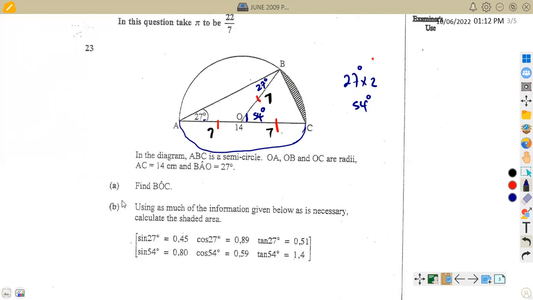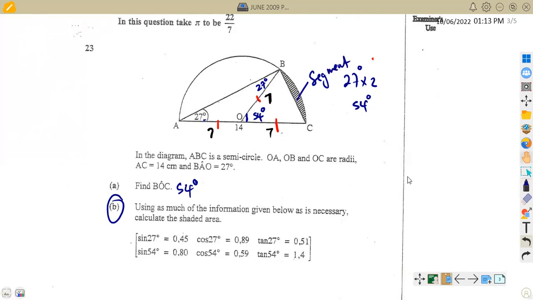All right, so the b part, here we've got 54. Using as much of the information given below as is necessary, calculate the area of the shaded part, or calculate the shaded area. Okay, so the shaded area, remember what we have here. The part that we are having is from a sector. This is a segment that we are given, so it's just part of a sector, which is a segment.